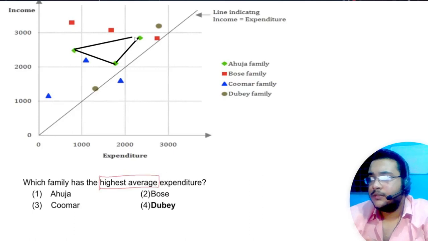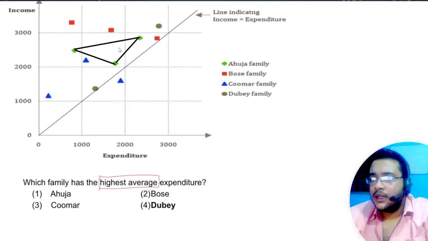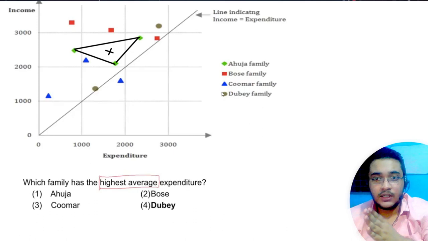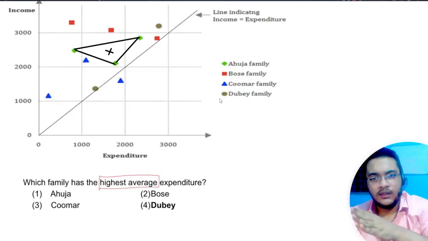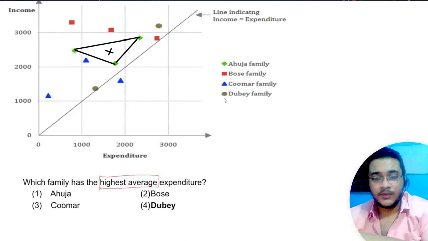If you can visualize, the triangle has a centroid. That centroid will represent the average income or expenditure in either case. So we can actually use the same data point for income as well as expenditure.